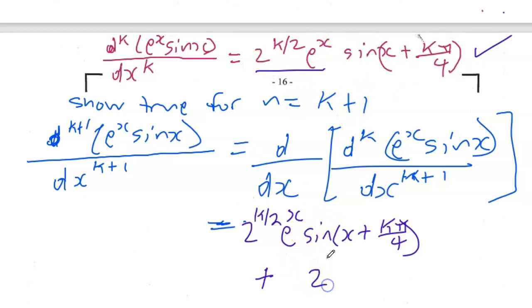So we put back 2 to the power of k over 2 e to the x. And now this one we want to differentiate sine. Differentiating sine, we differentiate what's in the bracket with respect to x. We'll get 1, so 1 times that won't change anything. And sine will turn to cos, and the bracket will remain as it is.